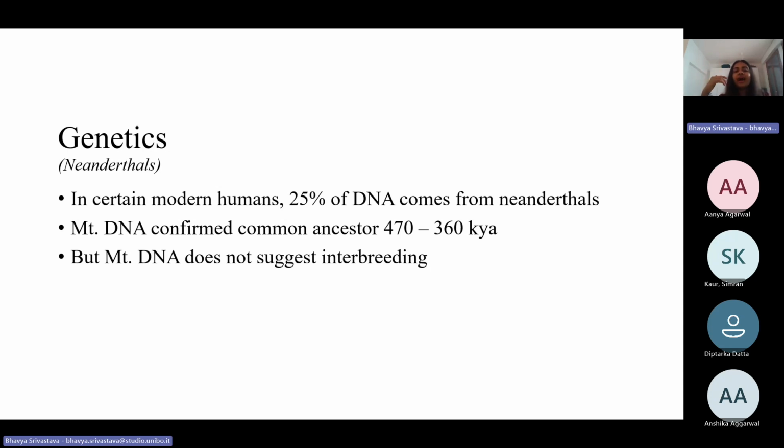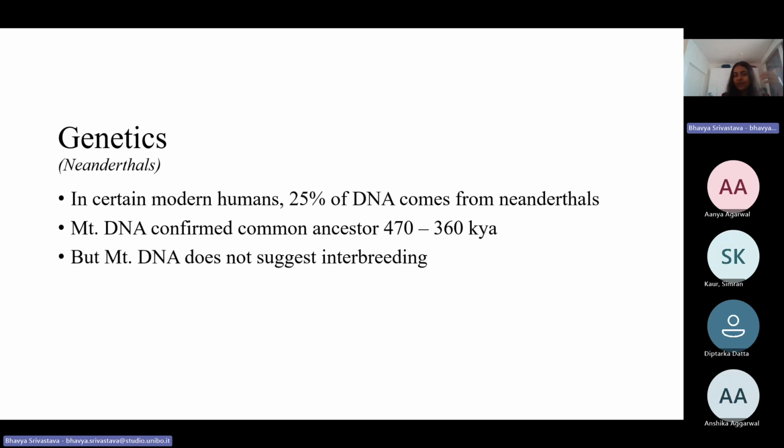So, it confirmed that the common ancestor of the Homo sapiens and the Neanderthals existed 470,000 years ago, which does make a lot of sense, but it does not tell us if interbreeding did occur. Why? Because 470,000 years ago, Neanderthals were already in existence 400,000 years ago. And we know that we have descended from a common population. So if there was a common ancestor another 70,000 years before the 400,000 years ago, that does not really surprise us.